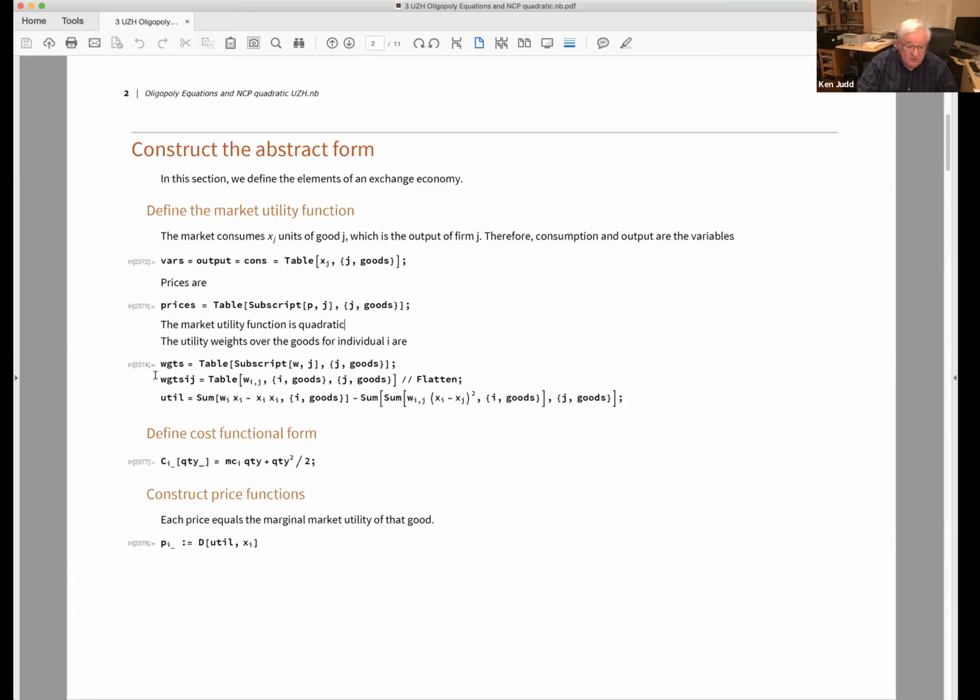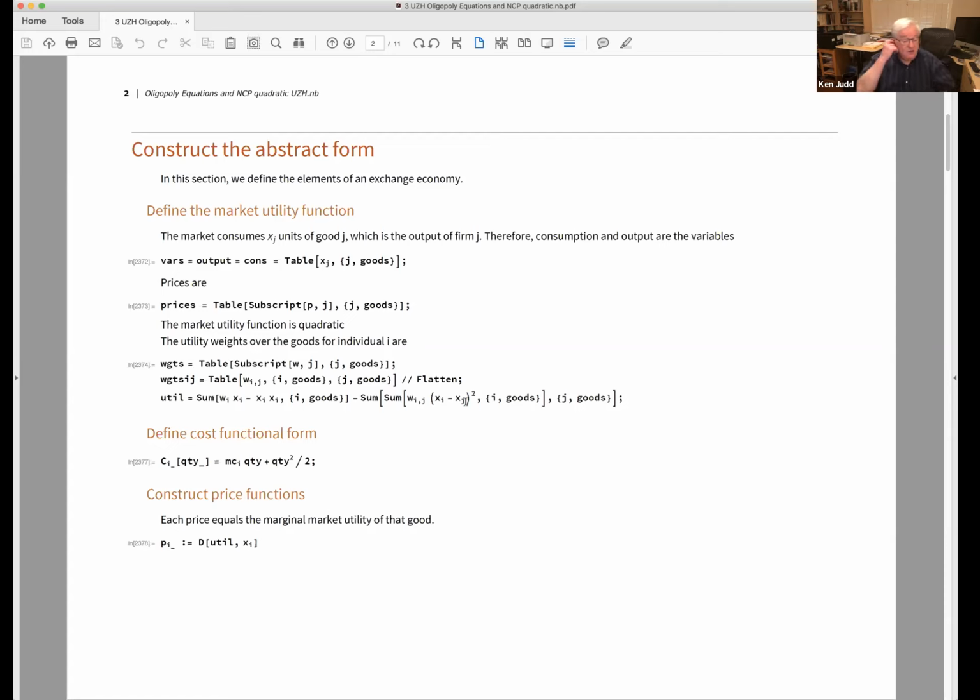Now, what I'm doing here, by the way, is creating the utility function. You have a positive weight on each good, and then you have a minus x squared. So diminishing marginal return. You have a concave quadratic term in the utility function, but also the utility function penalizes you for having xi and xj to be very different.